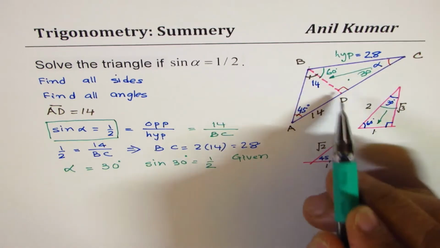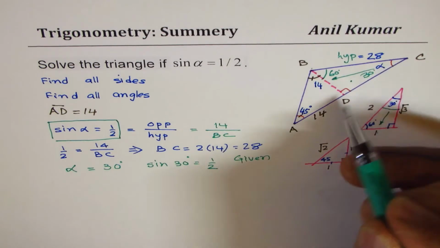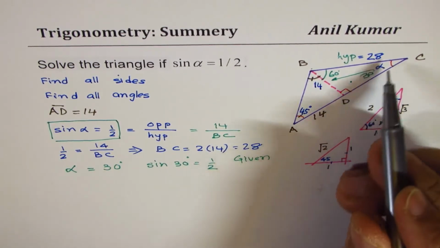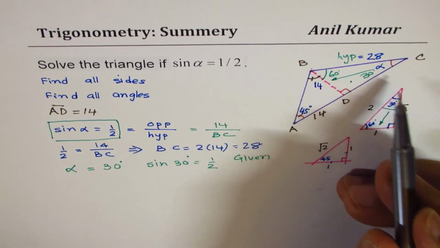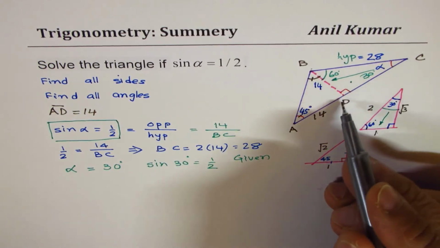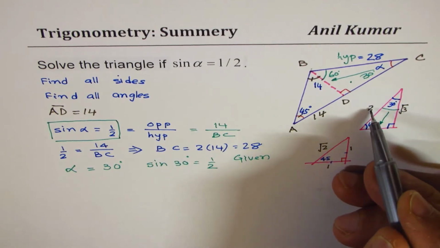So we have a 30, 60, 90 triangle right there. The side ratio should be what? So now we know that is how the triangle is. So if you look from the sides, CD is opposite to 60 degrees, 30 degrees, hypotenuse.